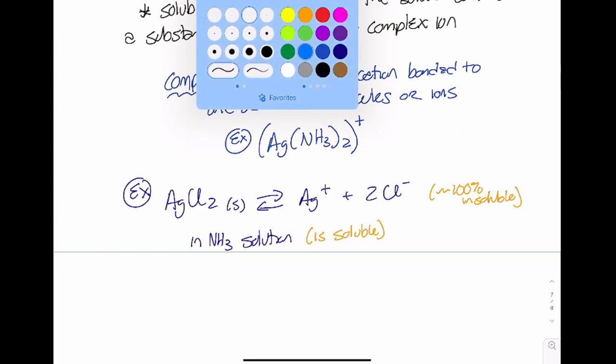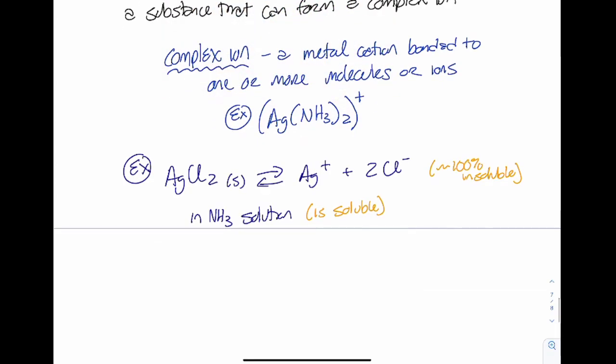And again, what's happening is the silver ions, I'm taking the silver from here. Because it's in an ammonia solution, I can react that with ammonia, 2 of them. And we can form that complex ion. And then again, that entire thing has a +1 charge. You didn't really need these double brackets up here. I just did it for effect, to show that the entire thing has the plus charge.